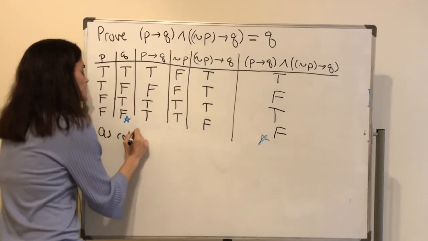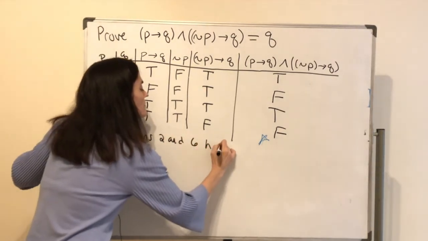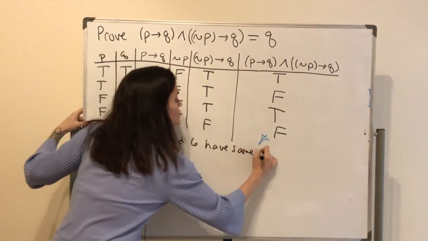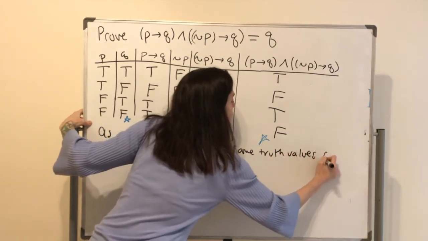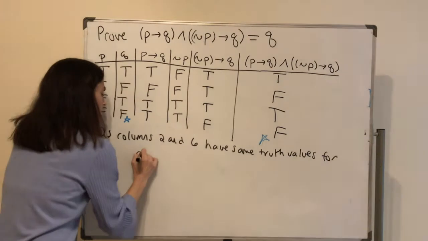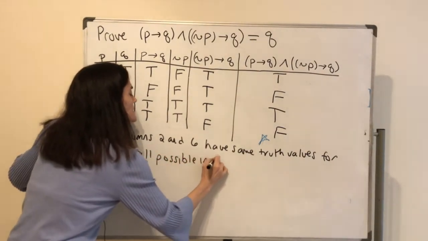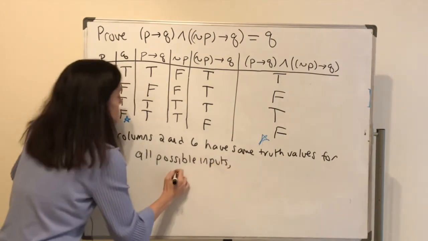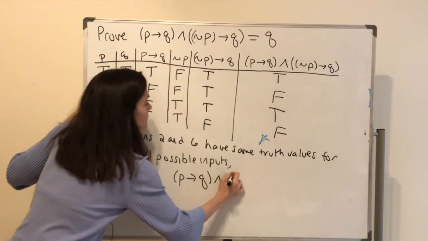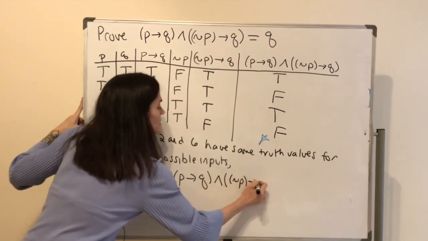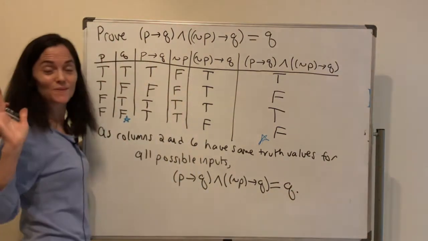As columns 2 and 6 have the same truth values for all possible inputs, well, this proves that P implies Q and not P implies Q is logically equivalent to Q. And this is what we were trying to show.